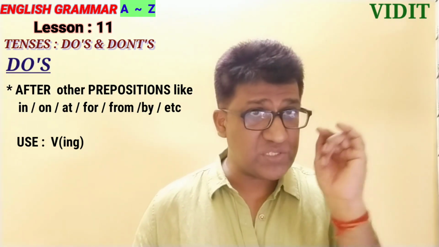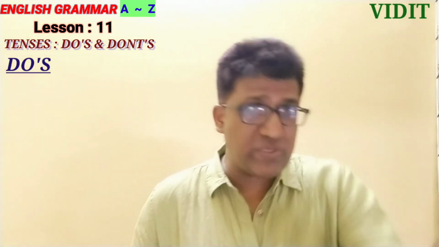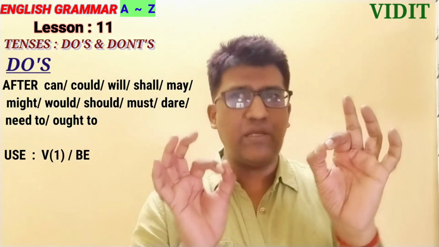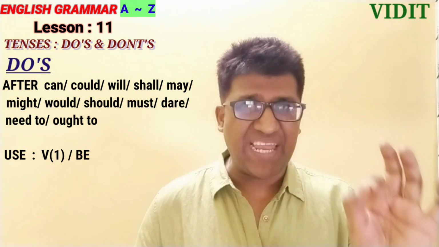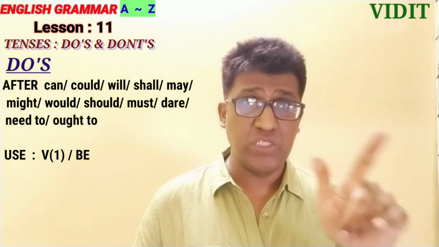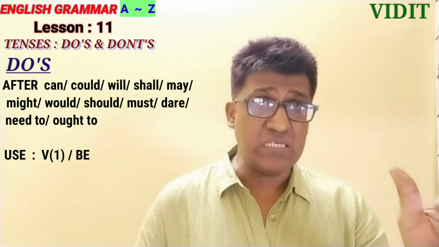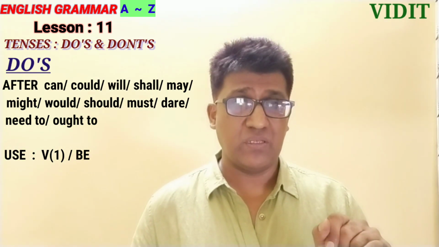And one more rule you need to remember about grammar, so as not to make any mistake in the usage of tenses. That is, whenever there is any auxiliary like can, could, may, might, will, shall, would, should, must, dare, need, ought to, or even used to.